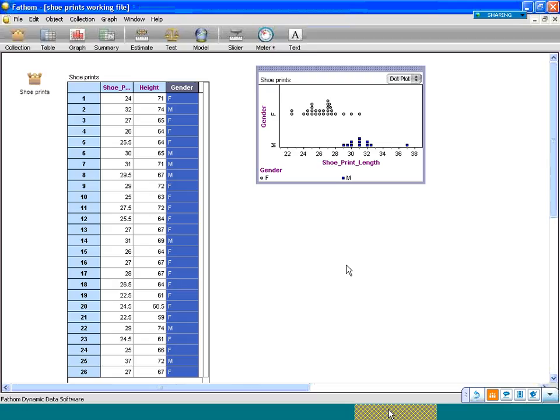Here we are. The first question was about a suspect who had a shoe print length of 32 centimeters, and I don't believe we talked about that number before. So what are your opinions about who the culprit might be? Well, it could be a male, but I'm not totally certain.